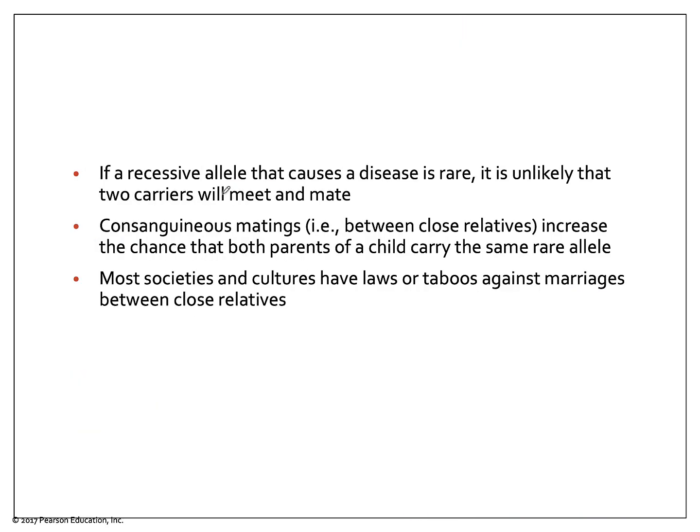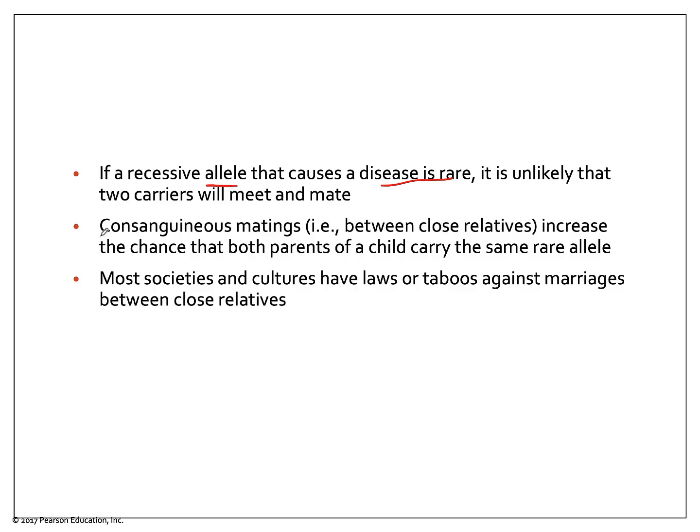In a different recessive allele, one that causes a disease, if the disease is very rare, it's unlikely that two carriers will meet because the frequency of that recessive allele in the population is so low. And so usually the frequency of recessive alleles and recessive diseases is fairly low.